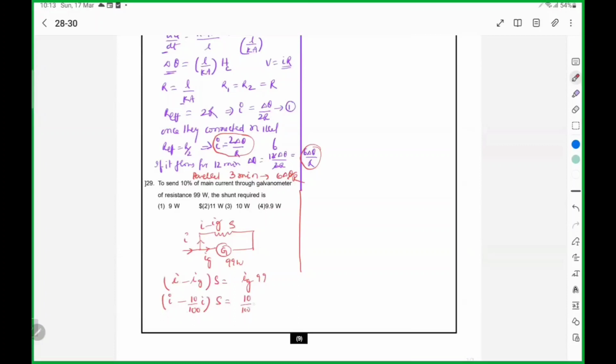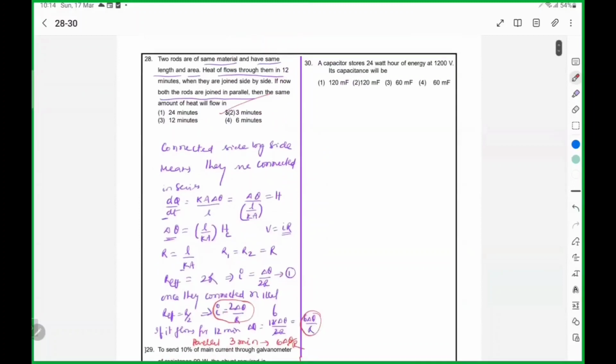So 10 by 100 I into 99. So here it is 9I by 10 S equal to, this 10 get cancelled out, 99I by 10. I get cancelled. Yes, here is 99 by 9. 11 ohms.